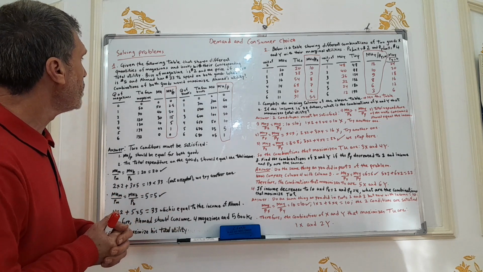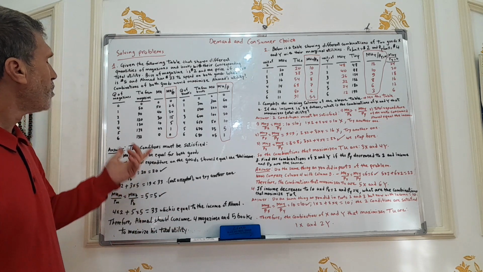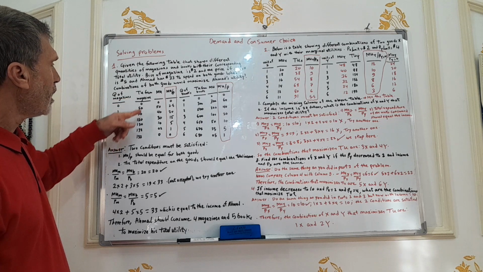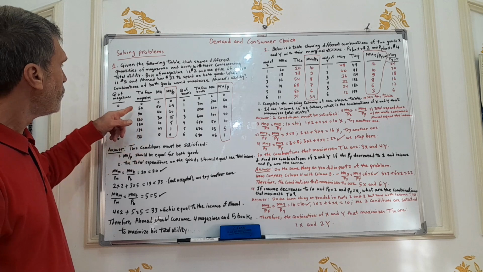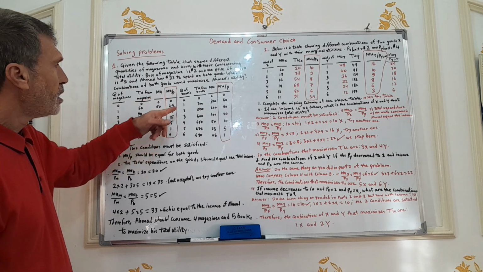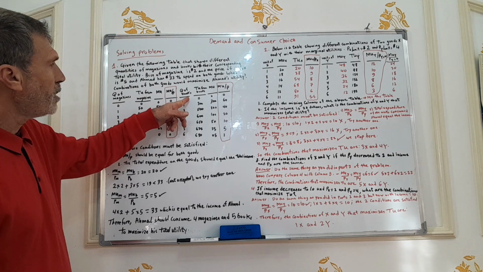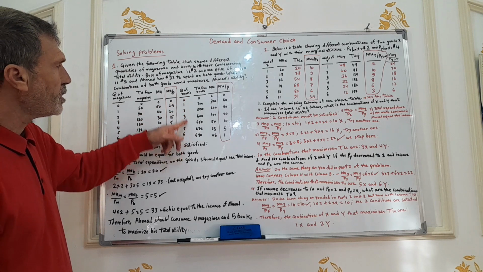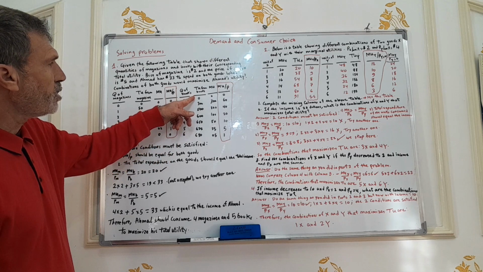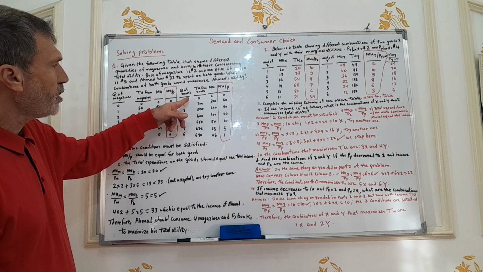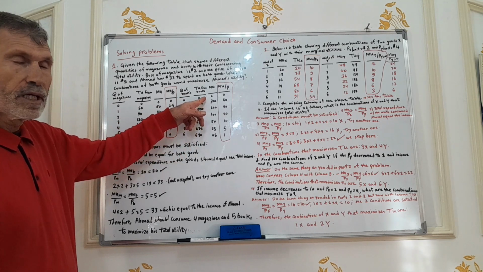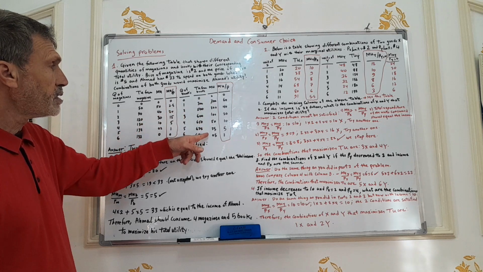Here, the total utility is given, and you have to find the marginal utility for magazines and the marginal utility per price. The number of units of books is given, and the total utility for each unit of books is also given, and you have to find the marginal utilities, okay?